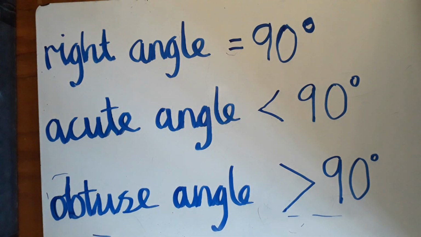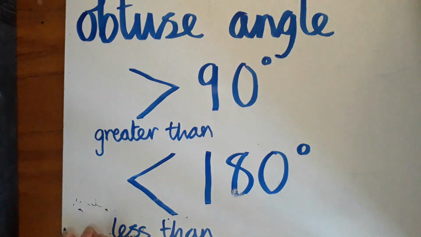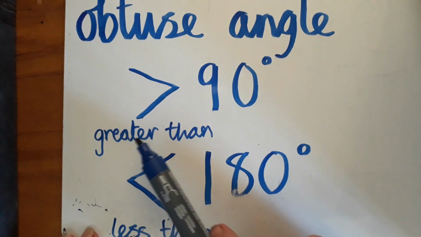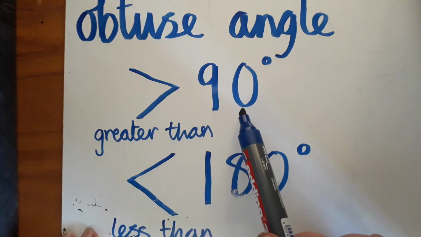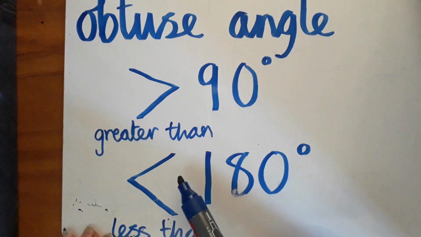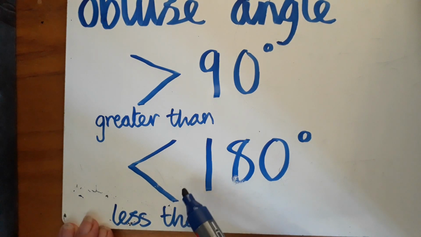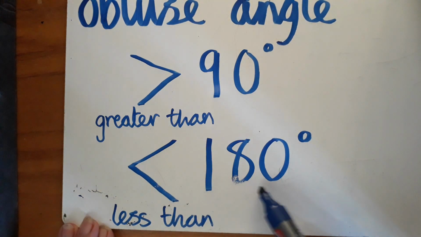So here we go. Our obtuse angle, as we know, must be greater than 90 degrees, but it also must be less than 180 degrees, okay?